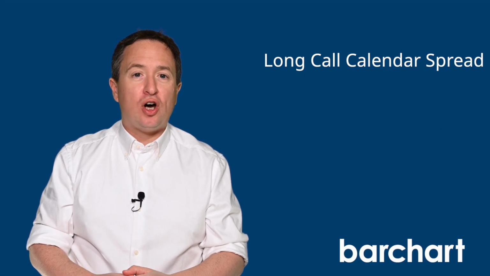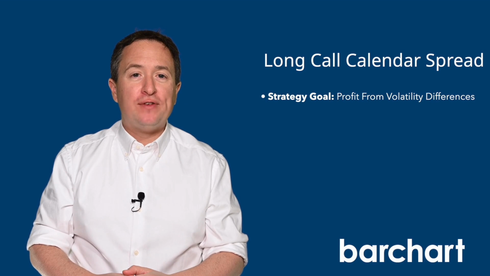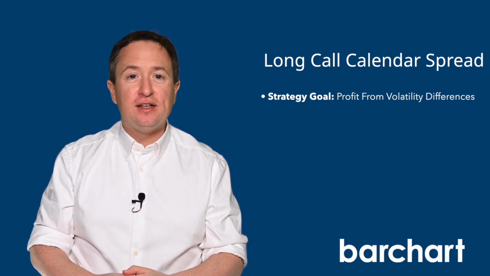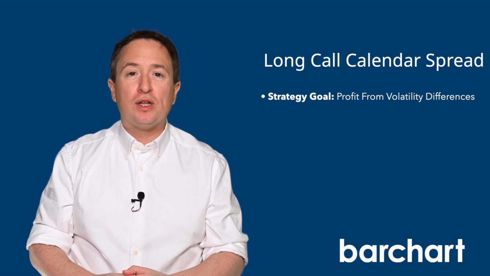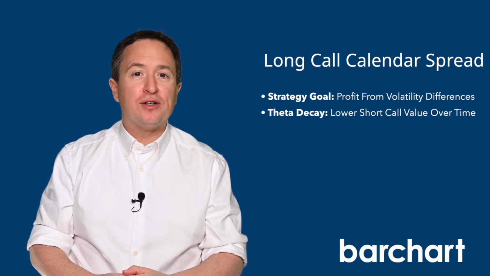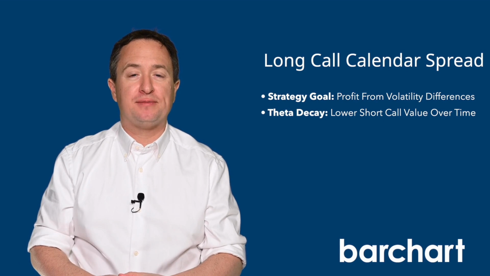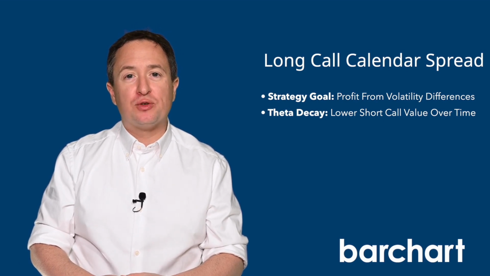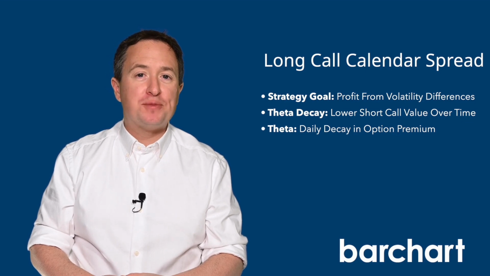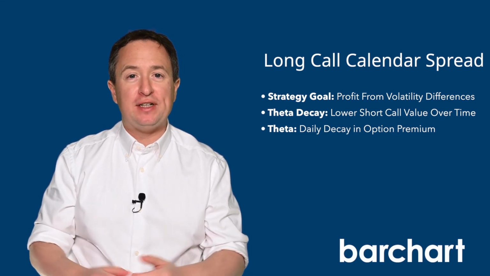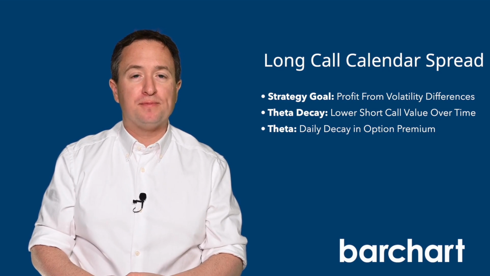The goal of a long call calendar is to profit from the difference in volatility of both options while relying on theta decay to render the short call worthless. Theta is an options Greek that tells us how much the option's premium will lose each given day, all things being equal.